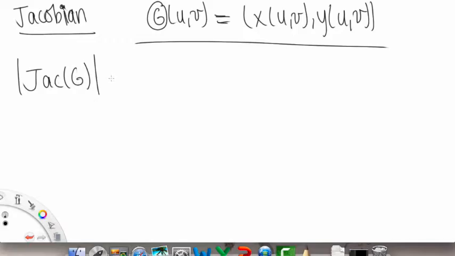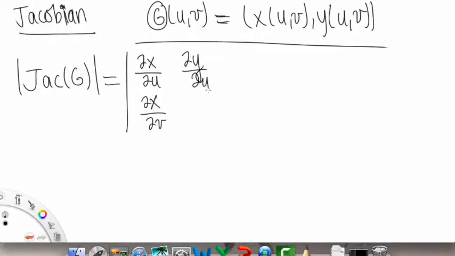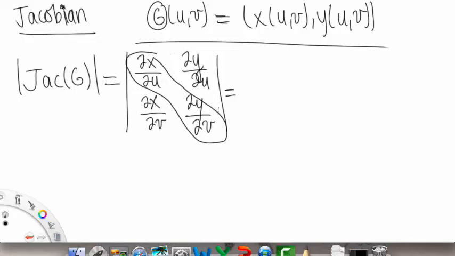So the Jacobian of g equals, and now we're going to have big bars here. We're going to have the partial of x with respect to u, and below it the partial of x with respect to v. Next to the top one, the partial of y, partial u, and partial y, partial v. To calculate from this matrix, we take the first diagonal going down, and we multiply these terms.